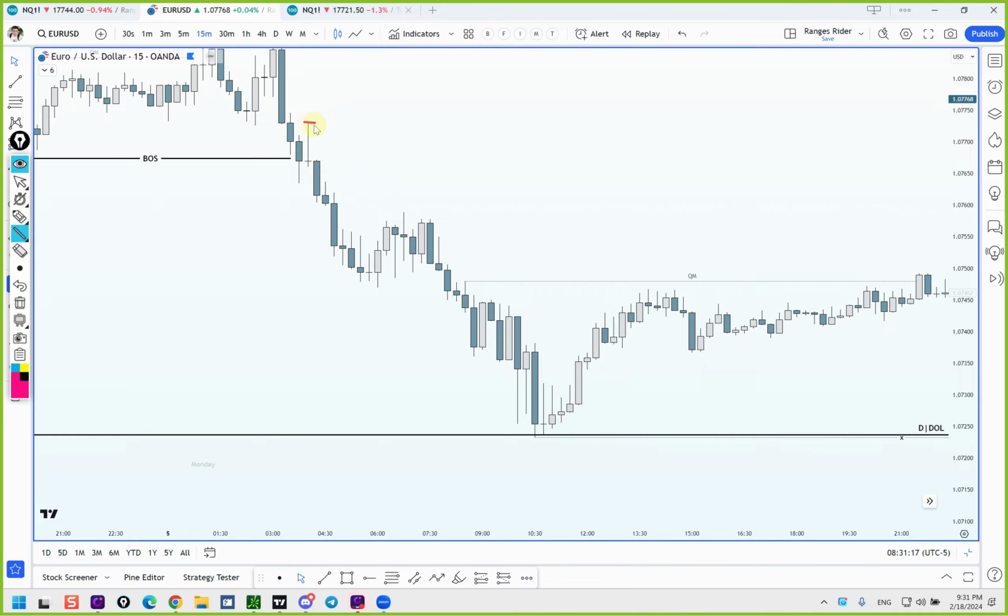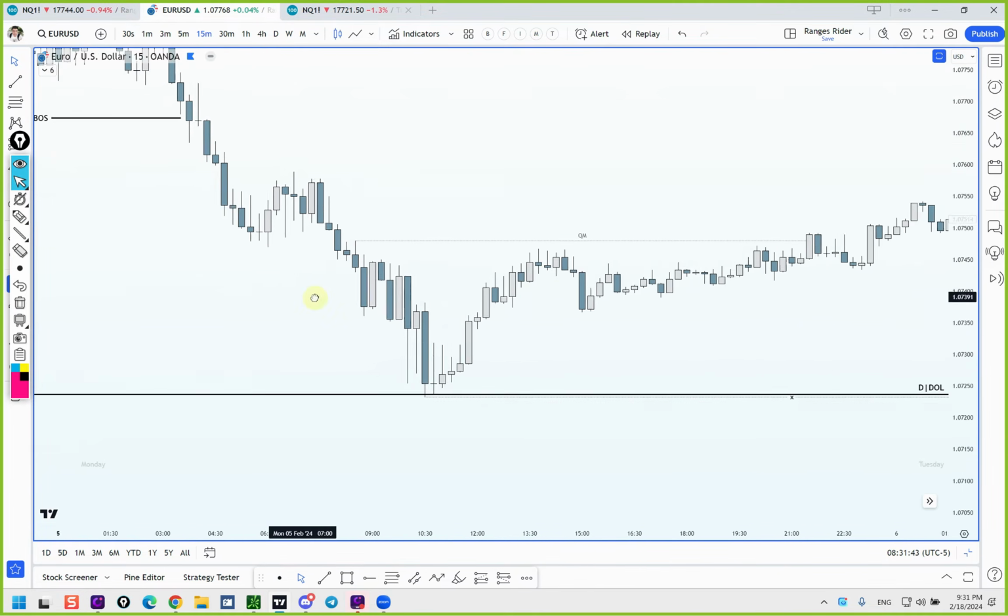This was the pullback. This was the liquidity grab, but the market never took the high, so nothing. This was the valid pullback, but we don't have the liquidity grab and the breakup structure. This thing never happened, so we will not call this a QM.